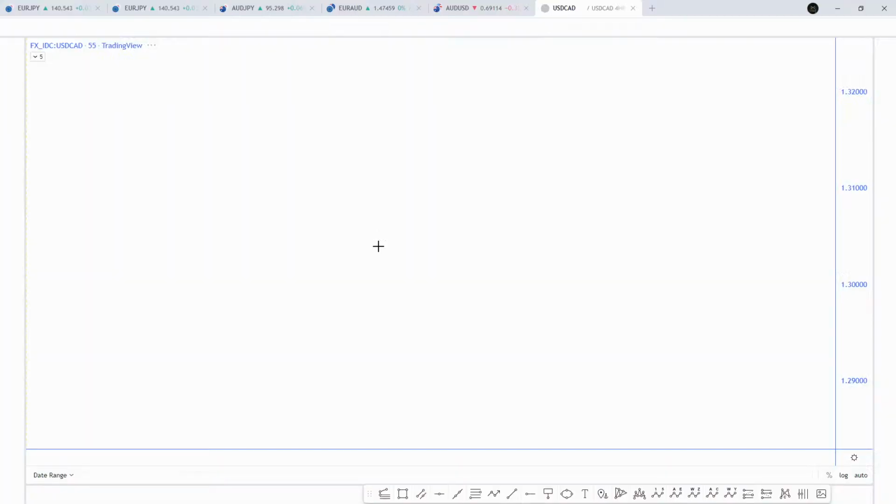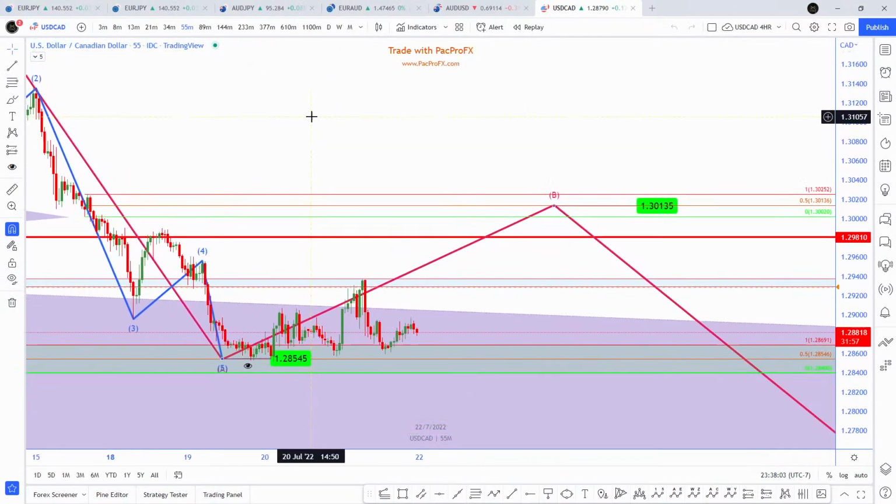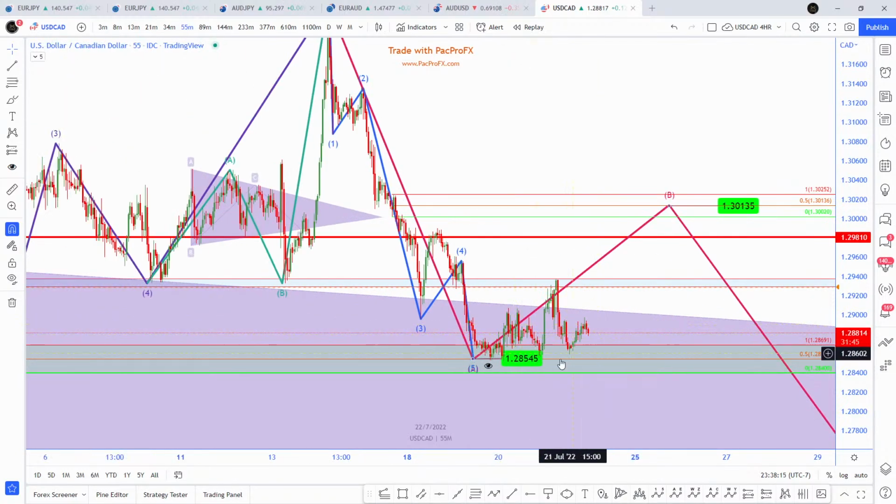Okay, for our USD CAD. This is continuing. So even though it looks like all sideways movement, don't worry. I think the USD CAD will get up to here. It's just going to be a slow go. I knew something was going wrong.